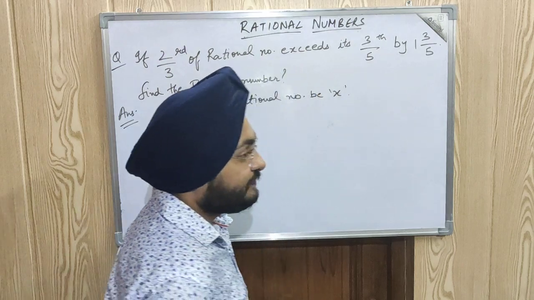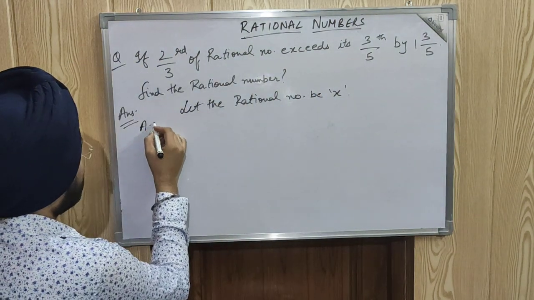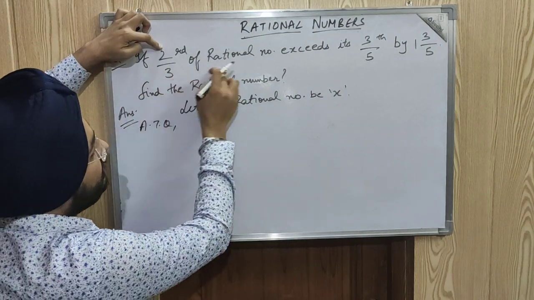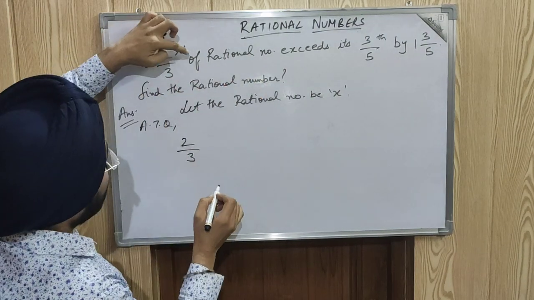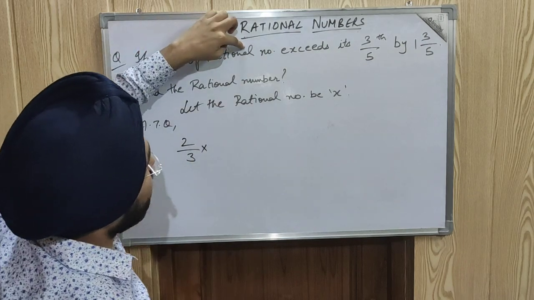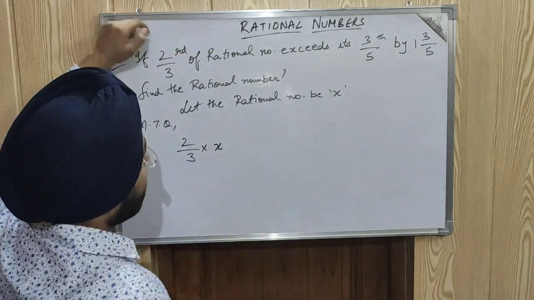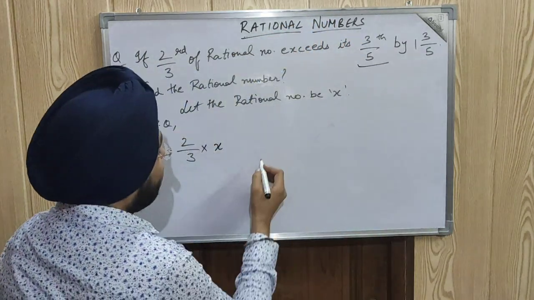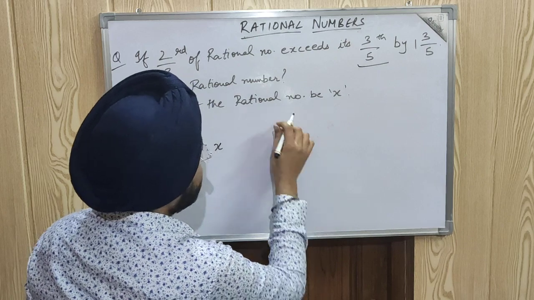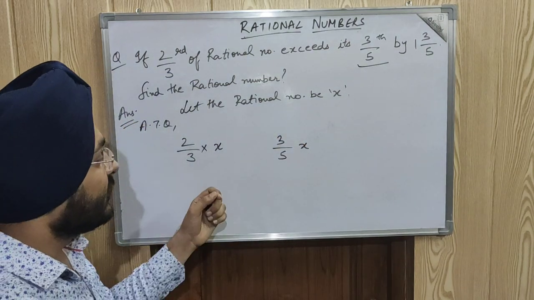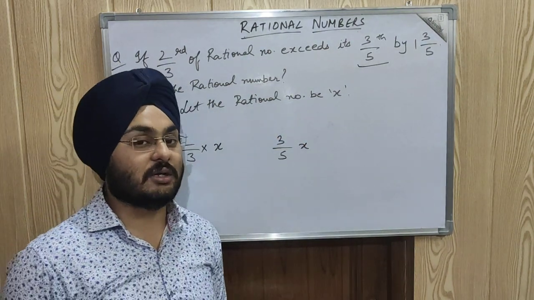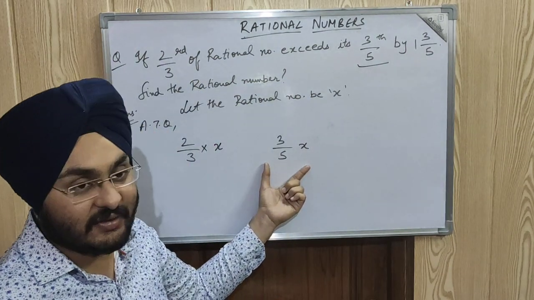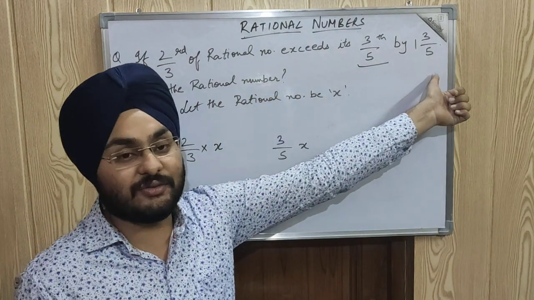Now according to the question, ATQ, which means according to the question, it is saying 2 by 3 of the rational number, where 'of' means multiply, so 2 by 3x. And 3/5 again means 3 by 5 of the rational number, 3 by 5x. Exceeds means 2 by 3x is greater than 3 by 5x by 1/3 by 5.